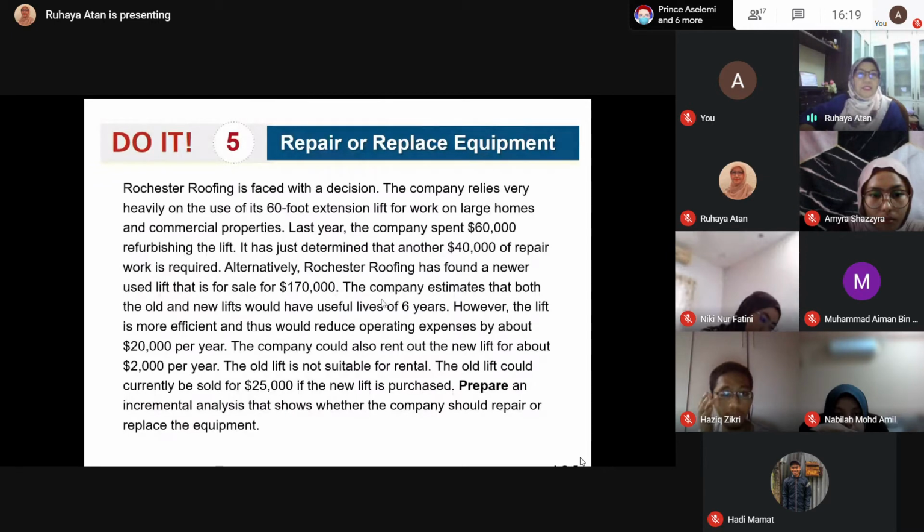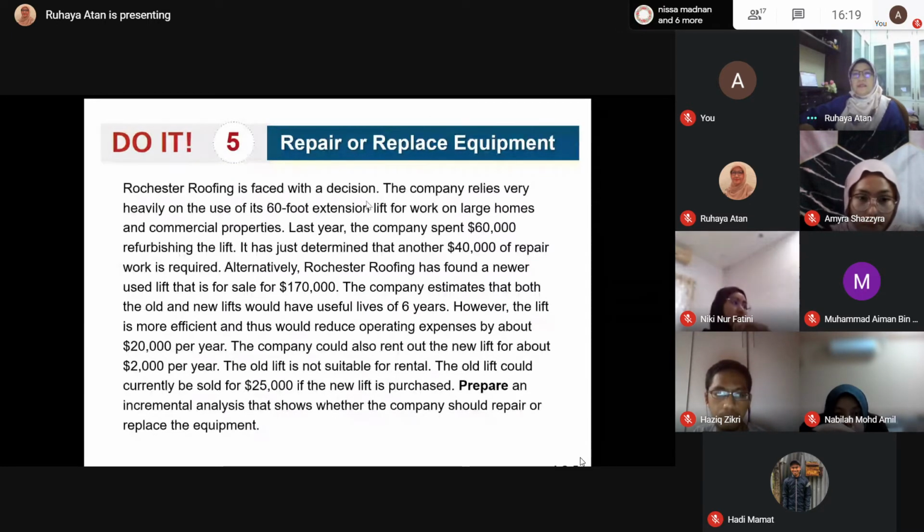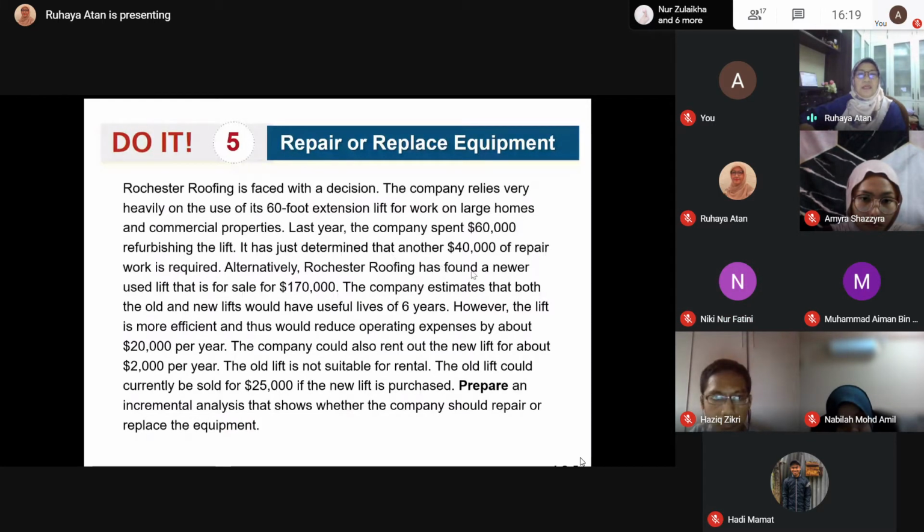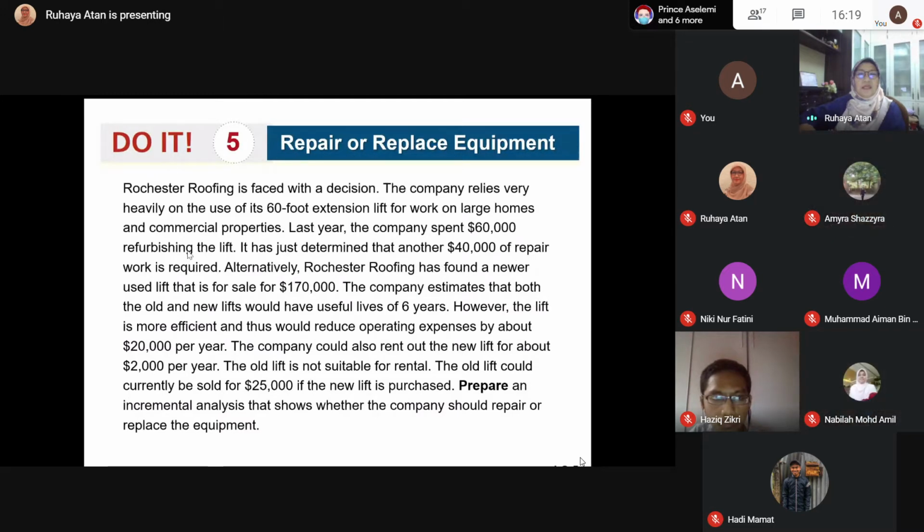So let's look at another exercise here. Rochester Roofing is faced with a decision, and the company relies very heavily on the use of this 60-foot extension lift for work on large homes and commercial properties. Last year, the company spent 60,000 refurbishing the lift, and it has just determined that another 40,000 of repair work is required.